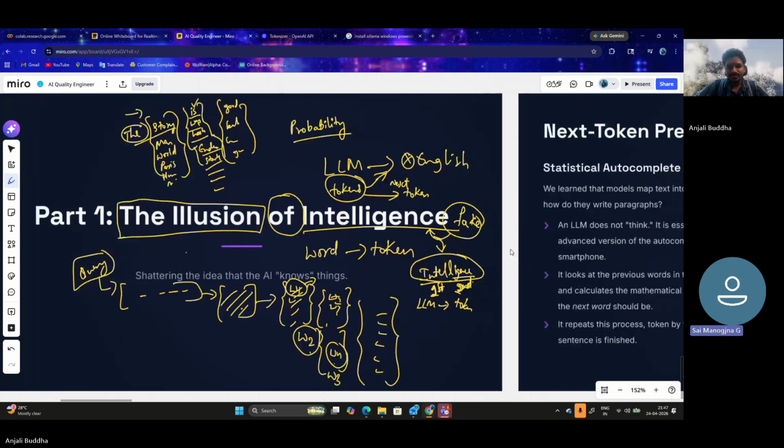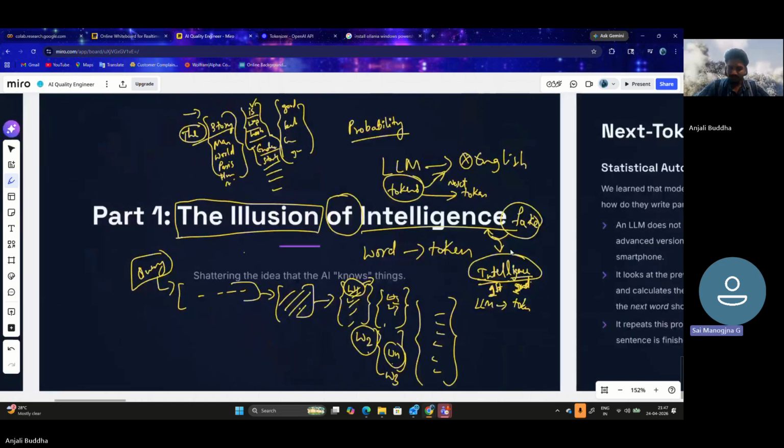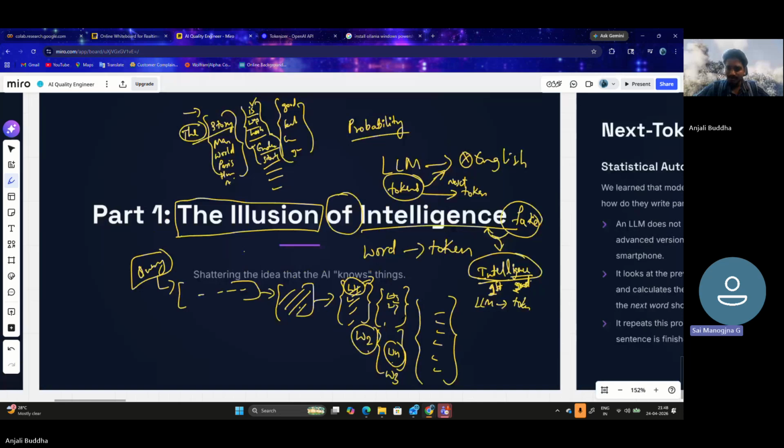The thing is, LLMs predict on the basis of embeddings. Sorry, these LLMs predict the next words on the basis of embeddings.